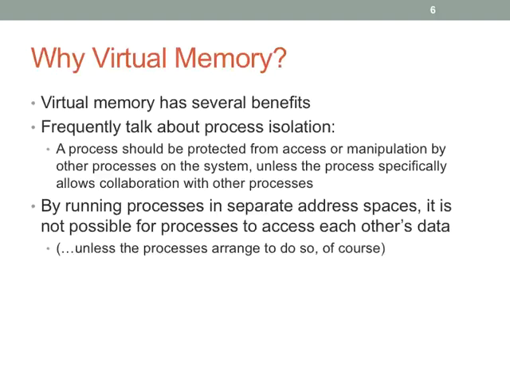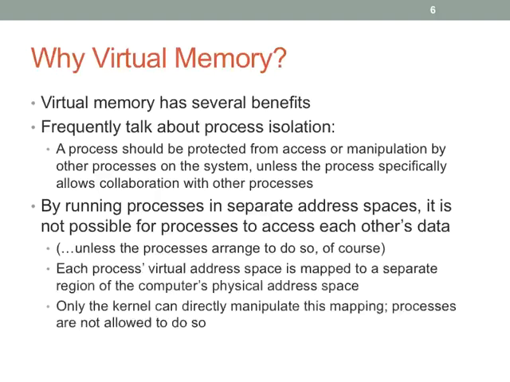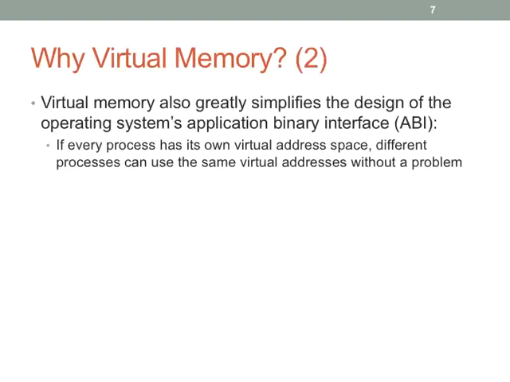Separating address spaces is a great way to isolate processes. You can basically make it impossible for processes to access each other's data. They can even refer to the same virtual addresses, which we'll talk about in a second, but you map them to completely different regions of physical memory, and then it's not possible for processes to change this mapping or to access each other's physical memory. So that's the first benefit.